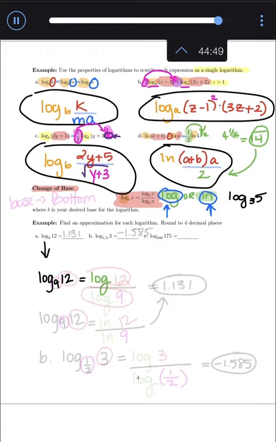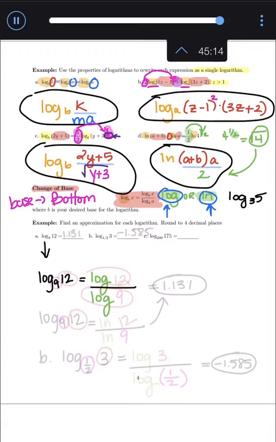And what the formula says is we're going to break this into a division of 2 logs. And the key part to remember is that the base goes on the bottom. The base goes on the bottom.